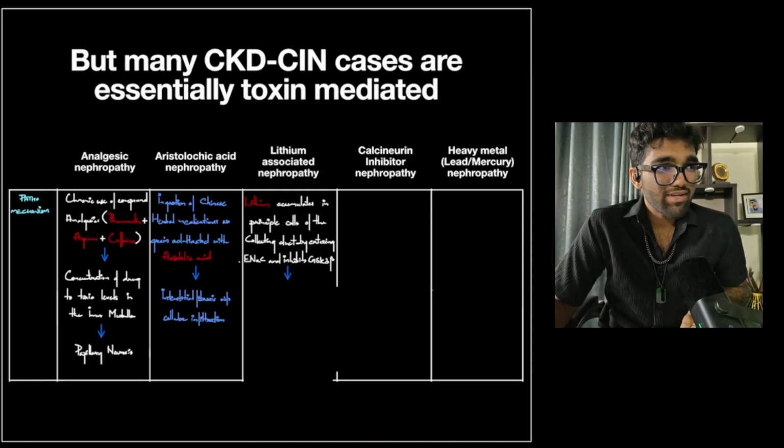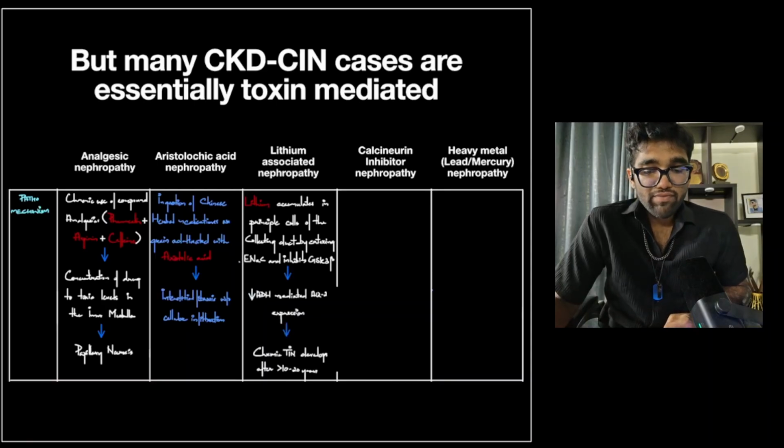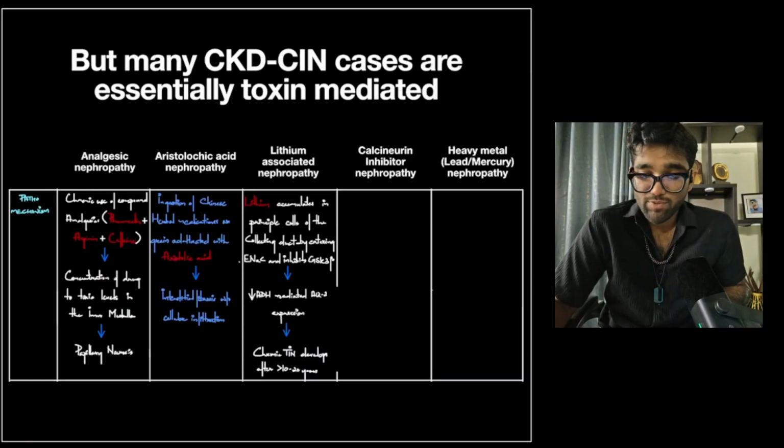You may recall that this is an enzyme that is part of the APC beta catenin pathway, or the pathway that degrades beta catenin in the WNT beta catenin pathway. Now, this secondarily results in a reduction in ADH effect, basically resulting in your aquaporin 2 expression getting decreased, and then there you have chronic interstitial nephritis developing in about 10 to 20 years of exposure to lithium.